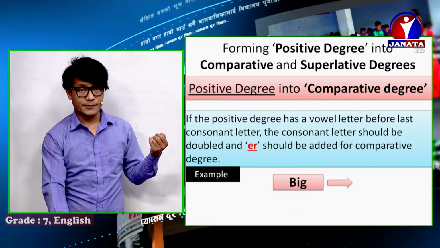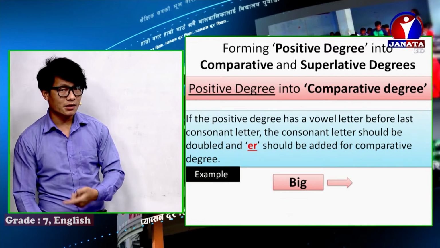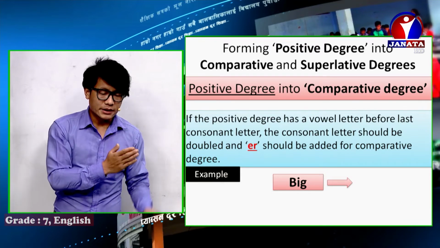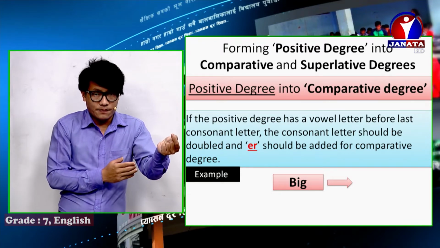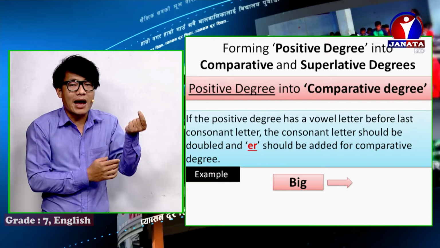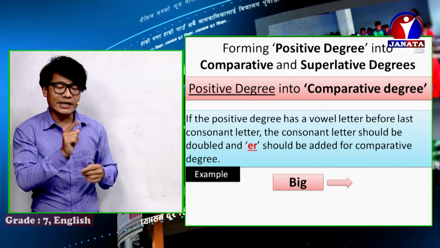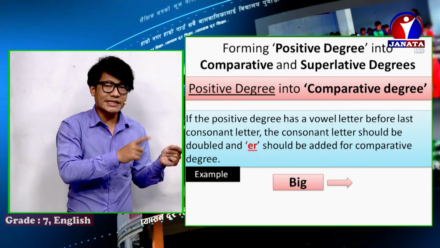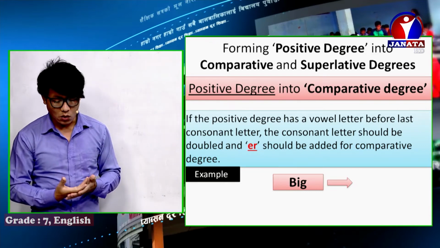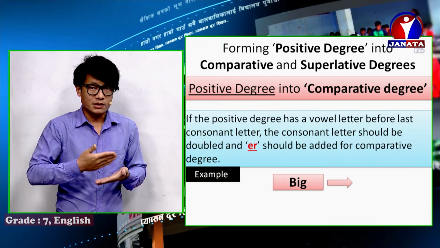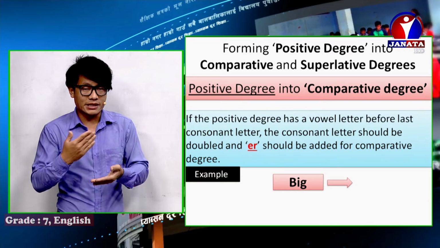Example, big, B-I-G, big is positive degree. Now G is the last letter and before G there is the letter I, A-E-I-O-U. So I is a vowel letter and G is a consonant letter. So according to the rule, we need to double the letter G and add ER.